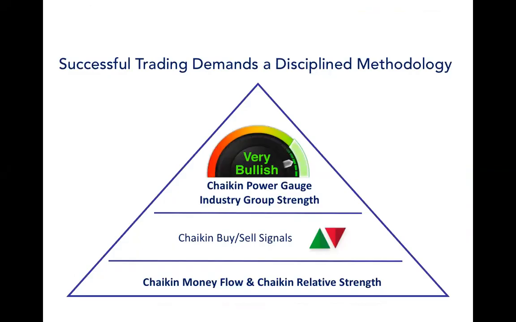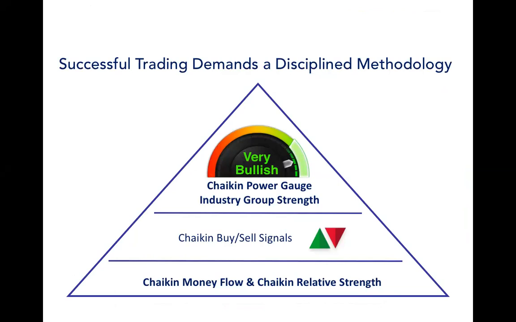So with that as a backdrop, let's look at a pyramid that encapsulates everything we believe here at Chaikin. It's a disciplined way to look at all the data, and especially in volatile markets, but almost all the time if you're an options trader, successful trading demands a disciplined methodology.